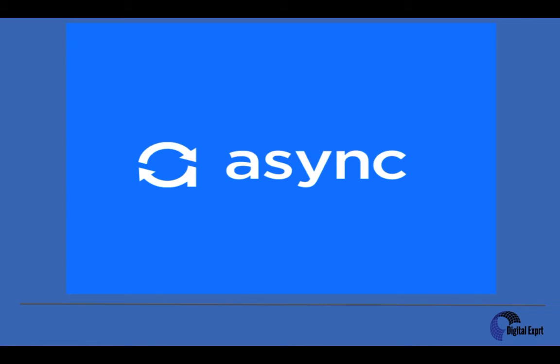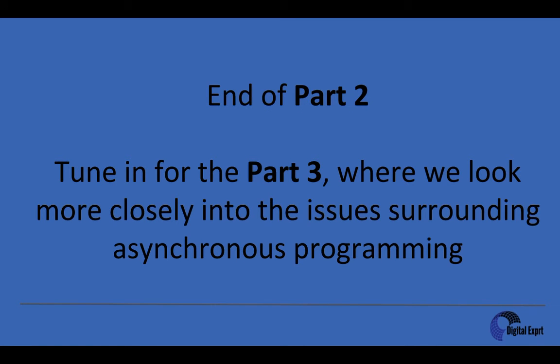which basically brings us to the end of part 2. We need to think about these things before we are ready for part 3, because once we digest this information, we need to look more closely into the issues surrounding asynchronous programming. So not everything is rosy.